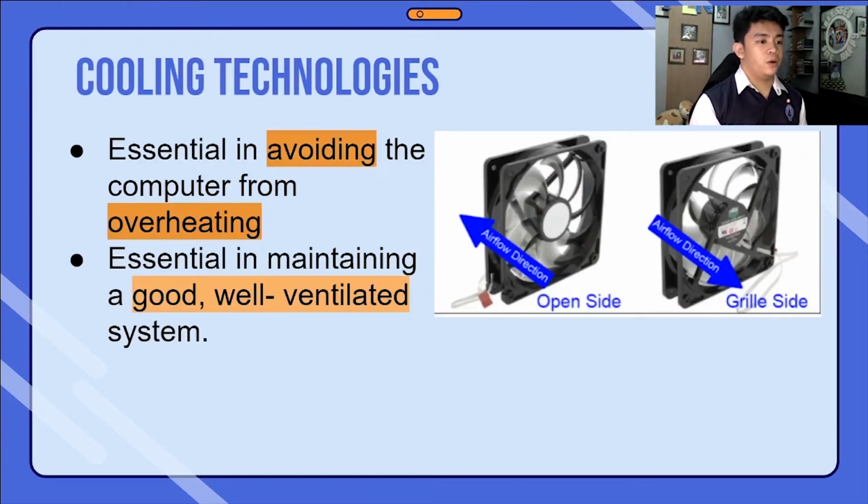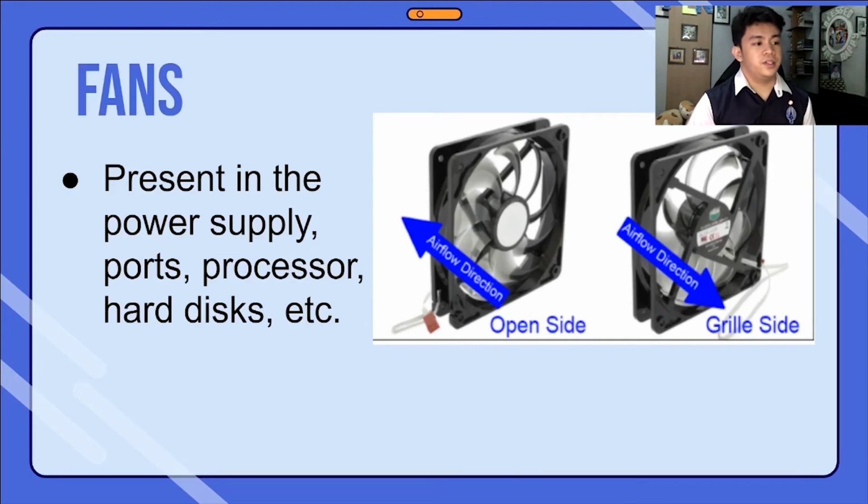Then next, we have the cooling technologies. So this is essential in avoiding the computer from overheating, obviously. Then this is also essential in maintaining a good and well-ventilated system. So first ay ang fans, present in the power supply, ports, processor, hard disk, and etc. So lahat ng components natin ay pretty much kinakailangan ng fan dahil ang mga components natin ay nagre-release ng heat.